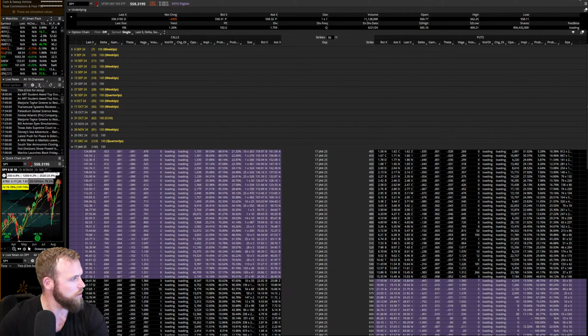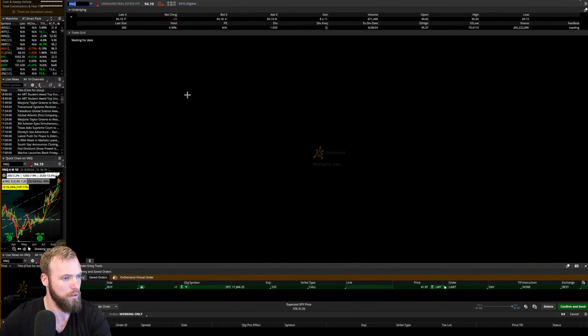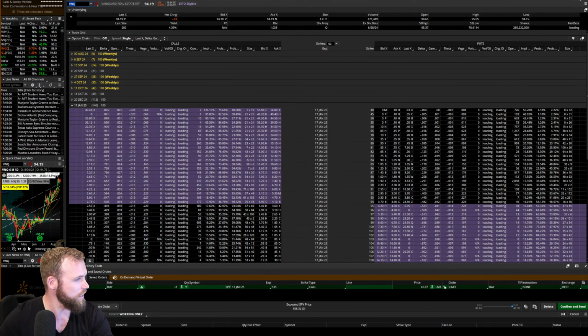So this one, spot price is 558.32. And the premium for our 535s is 41.22. And then for VNQ, I don't even know if this one was profitable or not. For VNQ, that one's at 94.19, so that one's good. And we had the 91s. Those are now at 570.